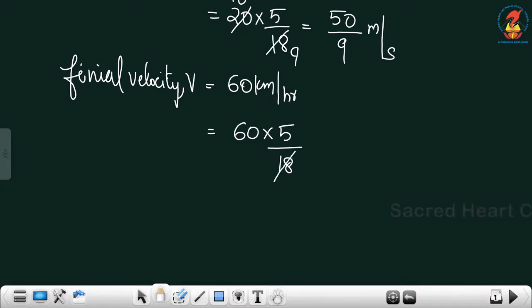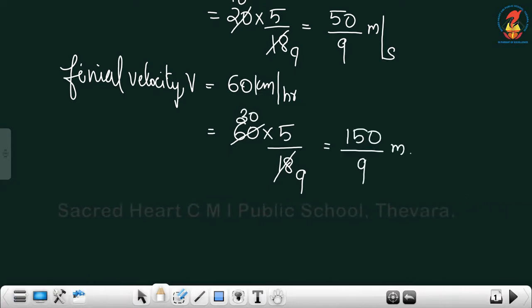With 2 you can cancel it. So 9, here it's 30. So 30 into 5, 150 by 9 meter per second.